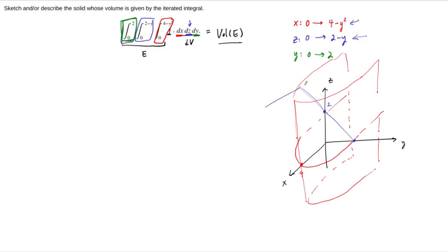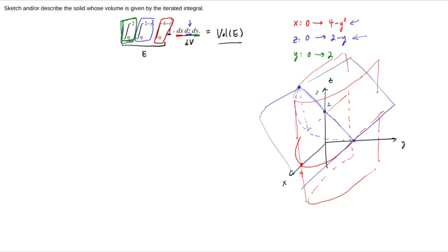But again, this stretches out. If we try to consider this in 3 dimensions, there's no restrictions on x, so that's a plane that's coming straight out of the screen here. It's impossible to draw it that way, but it's parallel to the x-axis, and it's coming straight out of the screen at this point. And so it's going to hit our parabolic cylinder up here, and it's going to cut it in such a way that we can now start to see what our shape is going to look like.